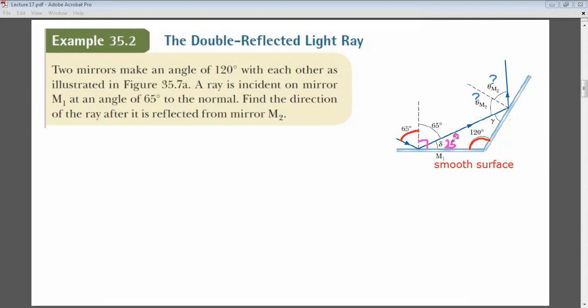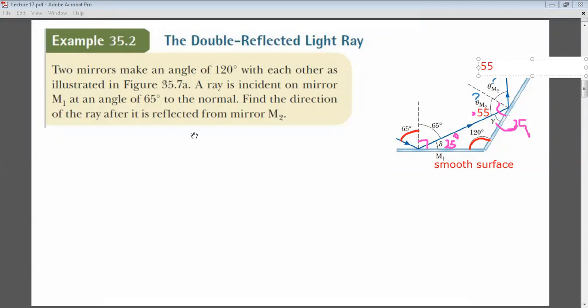Now, if this is 25 and this is 120, gamma is 35, because the sum of the three angles in a triangle is 180. And 35 plus 25 plus 120 gives me 180. Now, if this is 35 and this here is 90, then this theta over here is 90 minus 35, which is 55. I'm sorry, it's not easy to draw. So this angle here is 55. If this is 55, then this is also 55, because this is the law of reflection.